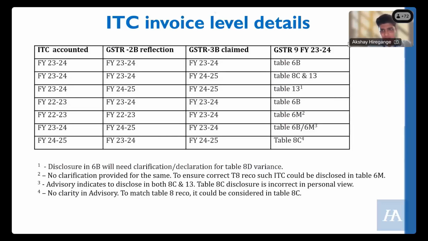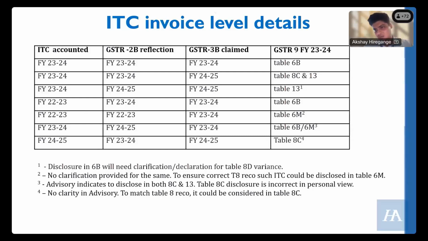So here you have two options, sir. If you see the last table I have given with respect to the next financial year, it is the same effect. So 6B, table 8C, which was there, you can disclose in the present year.